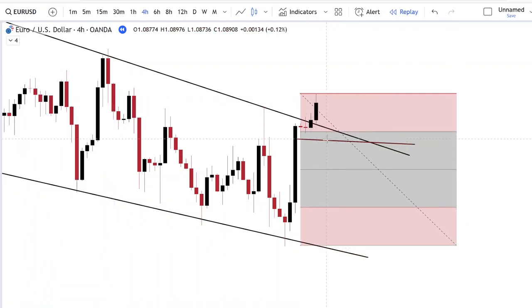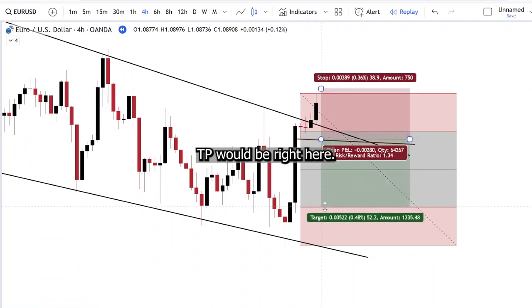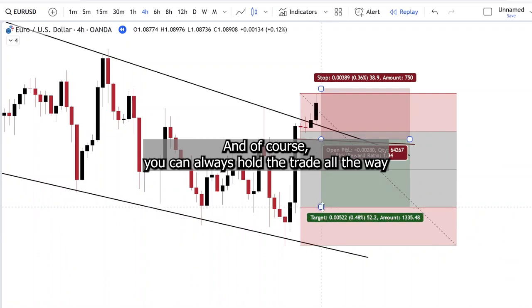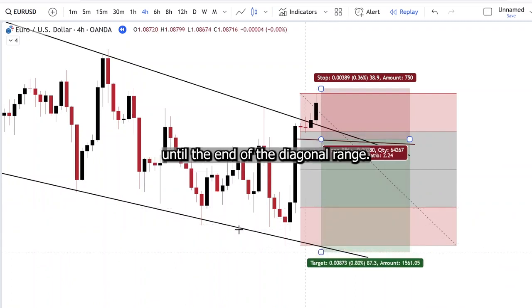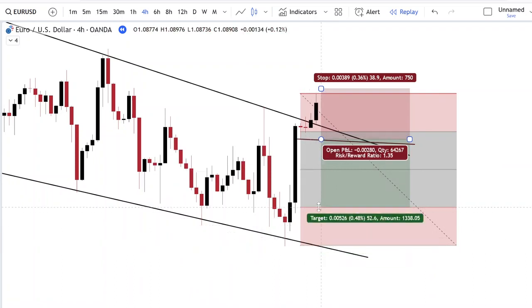So your entry would be here and your first TP would be right here. And of course, you can always hold the trade all the way until the end of the diagonal range. But our first TP would be right here.